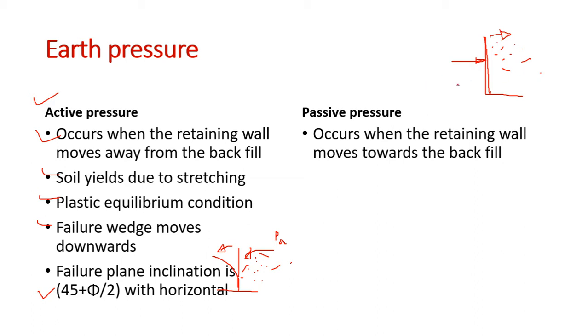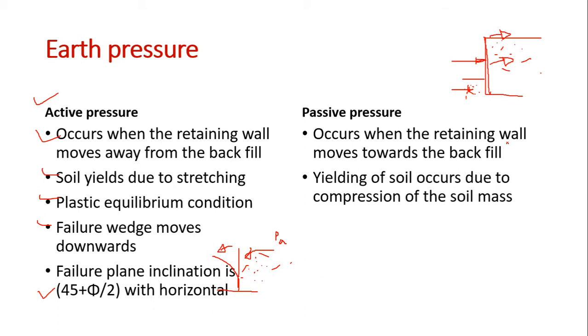Last time we saw that when two materials are there, on one side we have the backfill, and on the other side also we have the backfill. Because of this passive pressure, the wall may move towards the right. This phenomenon we call the passive pressure, meaning the retaining wall is moving towards the backfill.